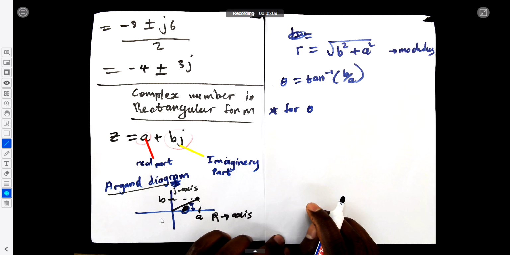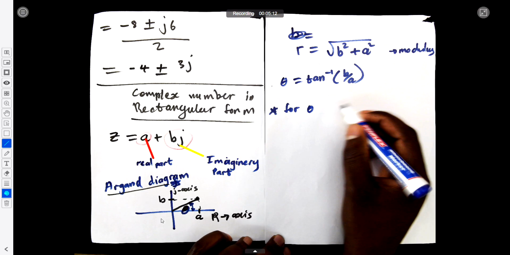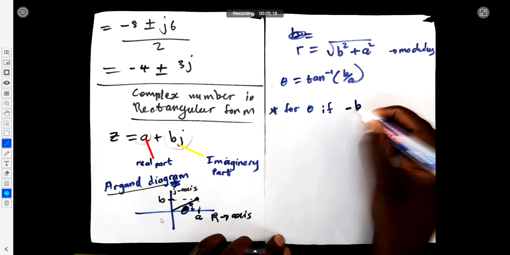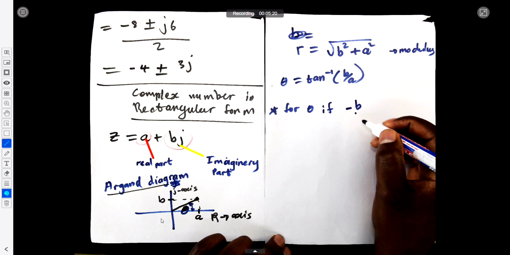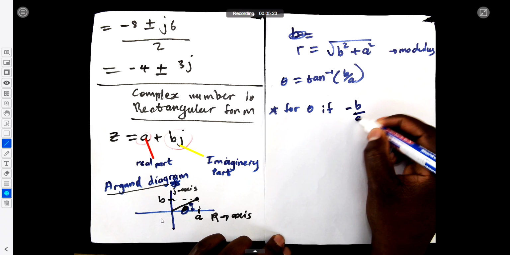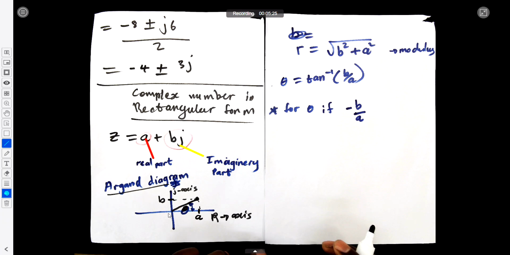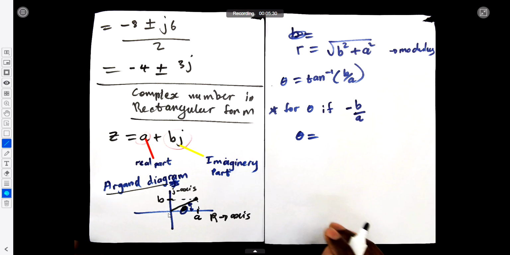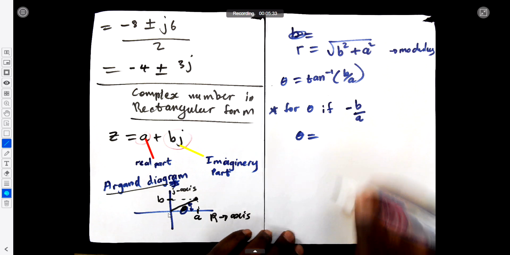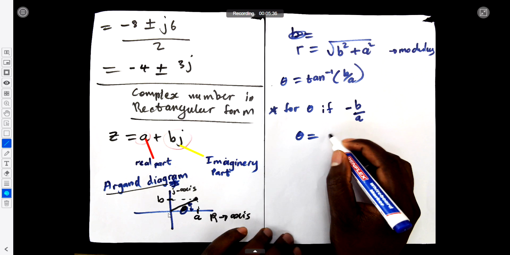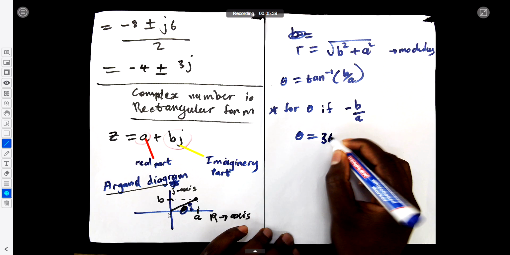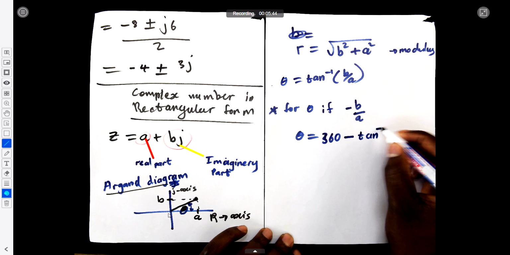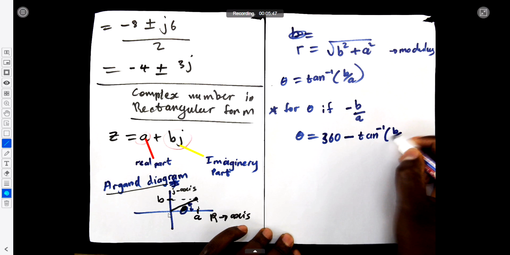For example, if b is negative, then theta will be equal to 360 minus arctan b over a.